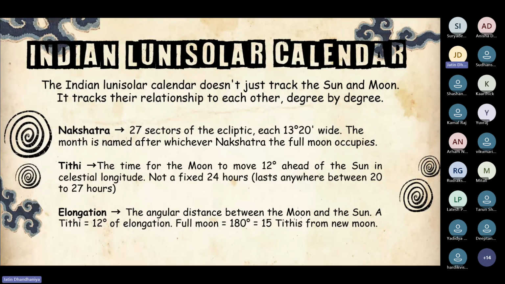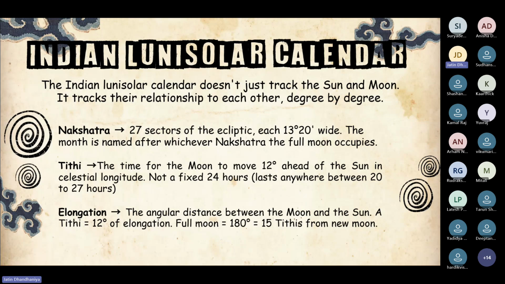Nakshatra has 27 sectors of the ecliptic, each 13 degrees 20 minutes wide. The month is named after whichever nakshatra the full moon occupies. Tithi, the time for the moon to move 12 degrees ahead of the sun in celestial longitude. It is not fixed for 24 hours. It can be from 20 to 27 hours.